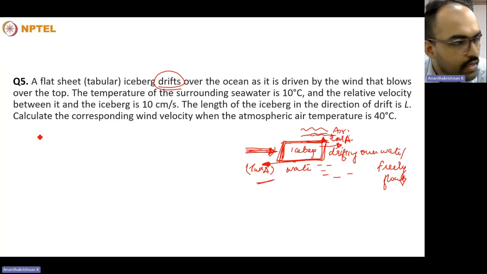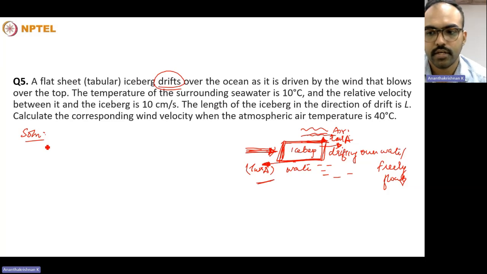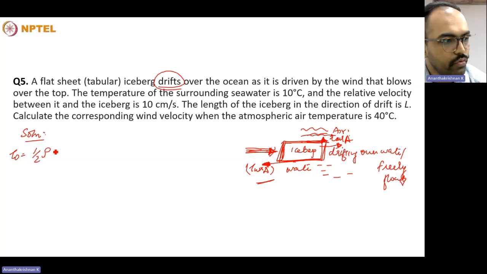And what we do is try to calculate the average shear stress. We try to derive that equation. So shear stress is given as half rho u infinity squared into CF, the local shear stress.